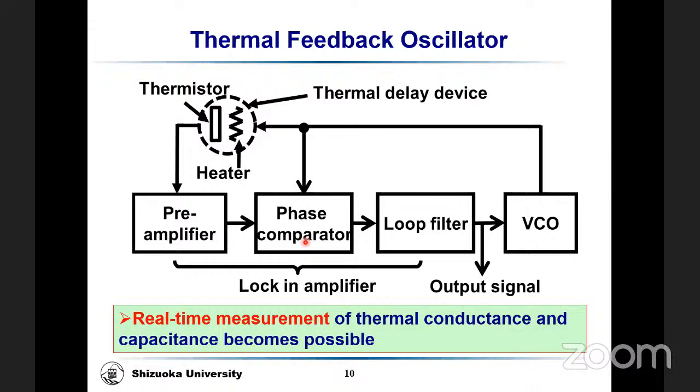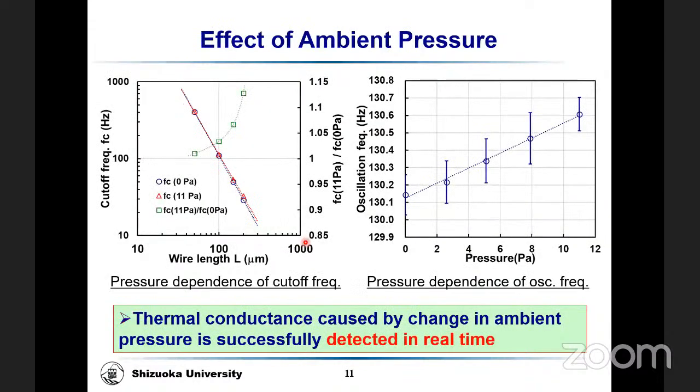So we can make a real-time observation of thermal conductance and the heat capacitance. And at this time, in order to verify the operation, we change the pressure of the environment of the device.